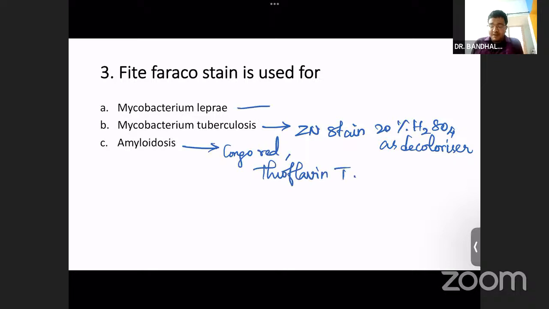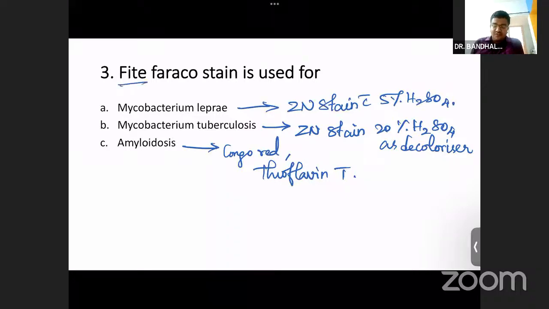In Mycobacterium leprae also, it is the ZN stain, but with 5% H2SO4 as a decolorizer. You can remember it this way: Fite. Leprosy is a chronic disease, it has been in the world for a long time. So you have to fight against leprosy, which is very important.